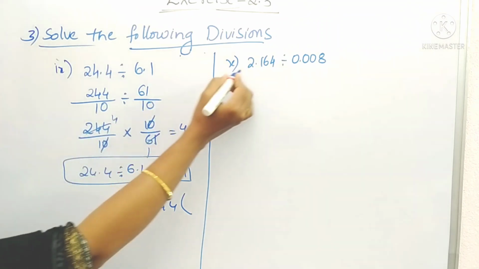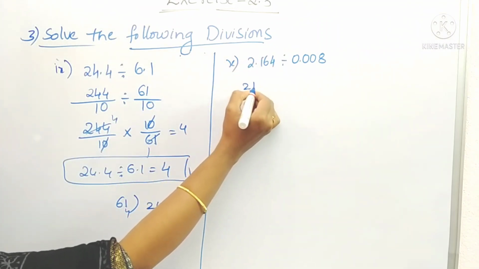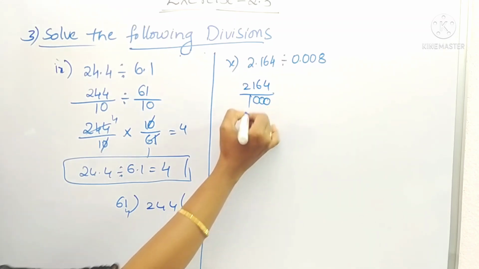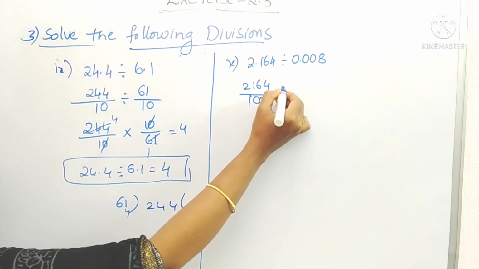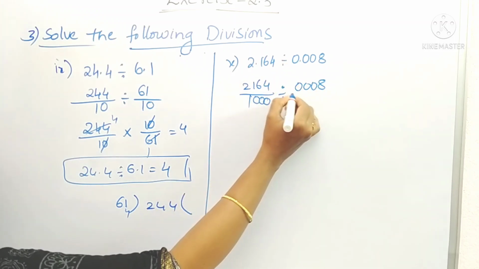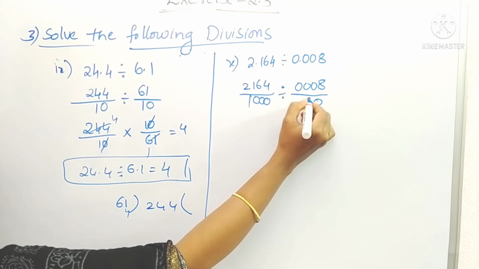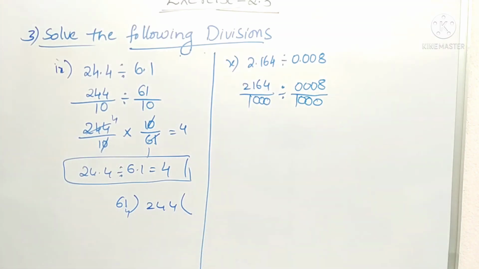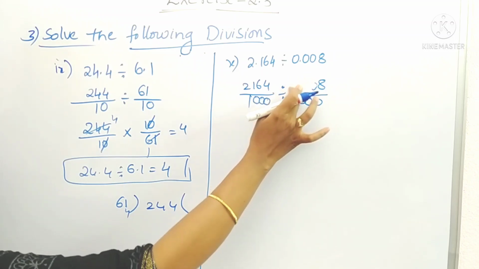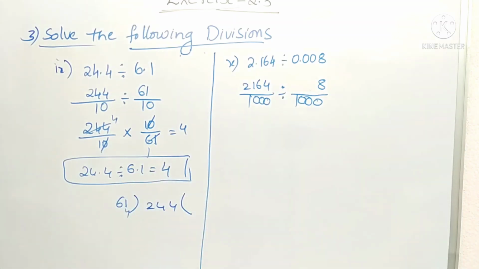0.008. So 3 digits are there after the decimal point. Remove the decimal point and put 3 zeros and write 1, divided by, and here also remove the decimal point and write 3 zeros and put 1 after that. These zeros do not have any value, so no need of writing this.